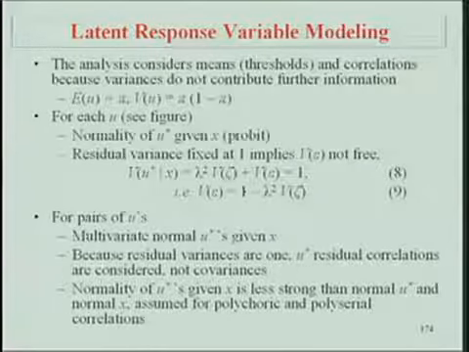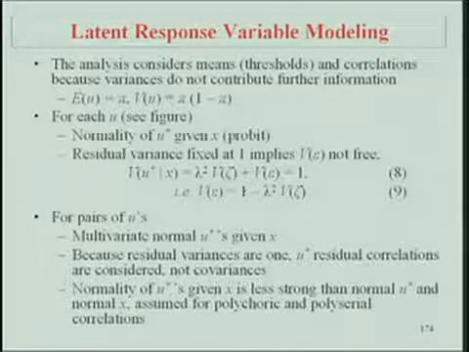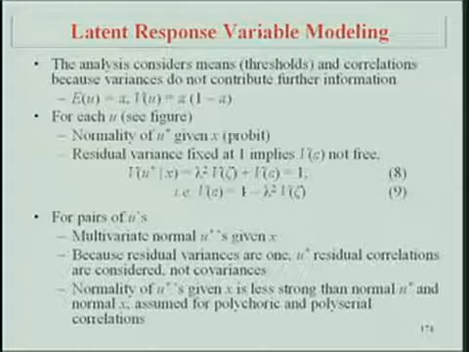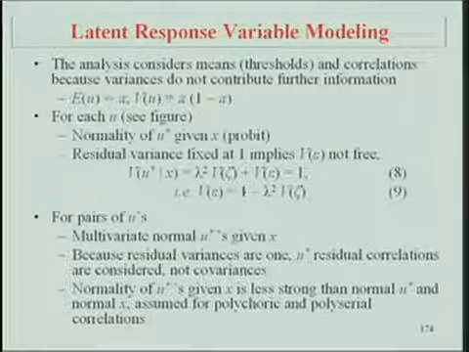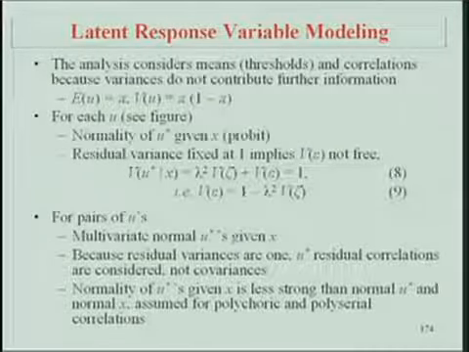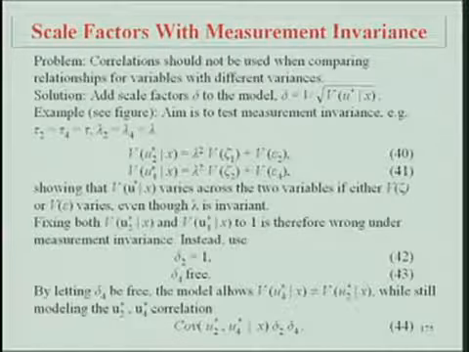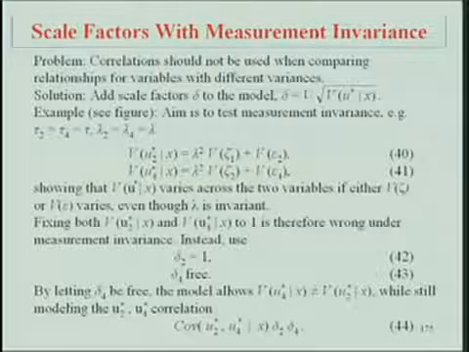So Z1 and epsilon 1 vary. The variance of u star given x is lambda squared times variance of z1 plus variance of epsilon. It's fixed at 1, so the residual variance comes out to be the remainder, 1 minus this. Now, if you go to the next slide here, say that you consider measurement invariance.